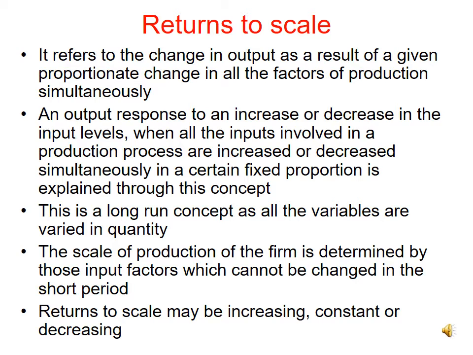If all these inputs are altered simultaneously, what would happen to the output level is described by returns to scale. Returns to scale may be increasing, constant or decreasing. We will discuss these types one by one in our succeeding slides.